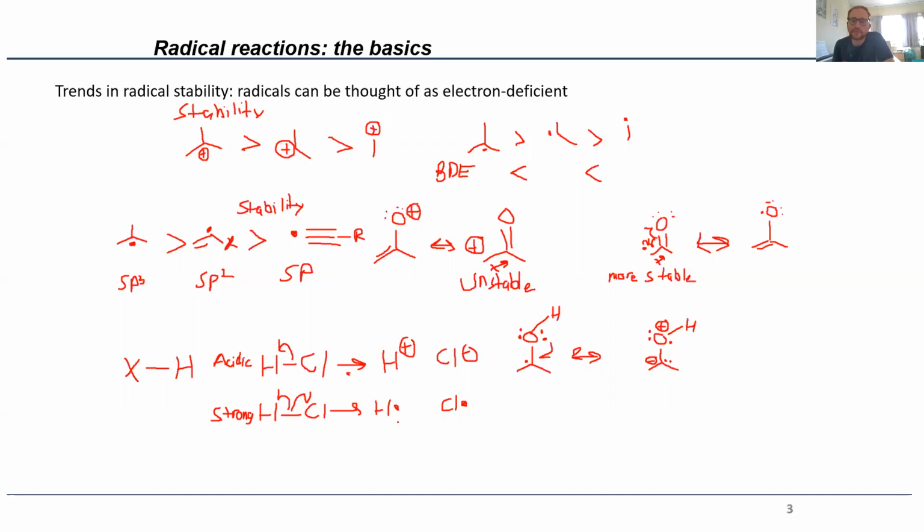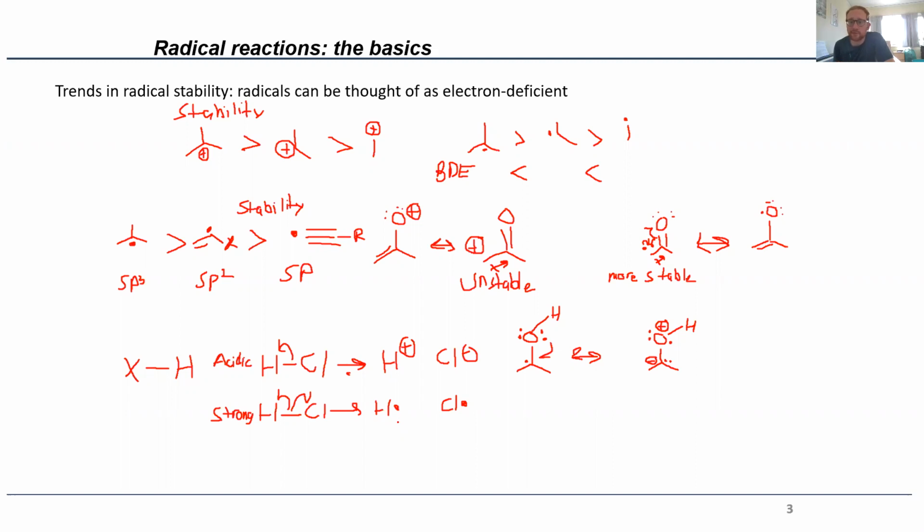Don't strong acids only dissociate readily in aqueous solutions? Would these radical reactions occur in solution? So aqueous, strong acids dissociate well in aqueous conditions, but they can also dissociate in other polar conditions and react very readily with any sort of base. But these, especially BDE values, are calculated in the gas phase, and so are kind of irrespective of solution state.